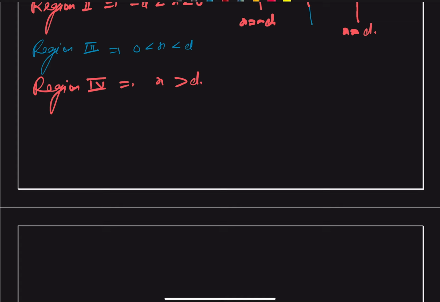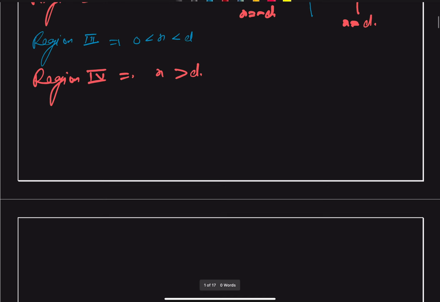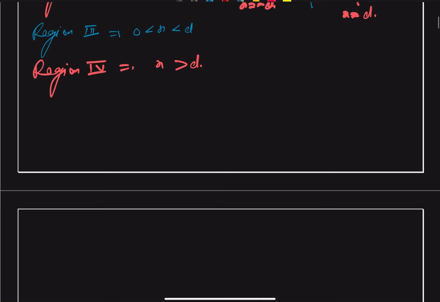Okay. So let us try to find out what will be the magnetic field, or we can make a rough estimate about the magnetic field, whether it will be 0 or not equal to 0. So let us start with our region 1, which is x less than minus d.